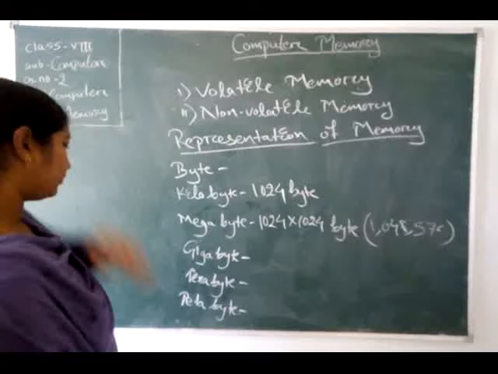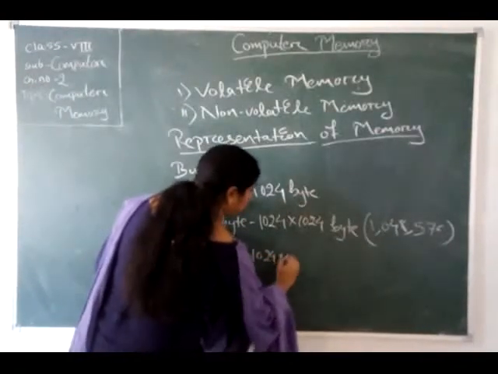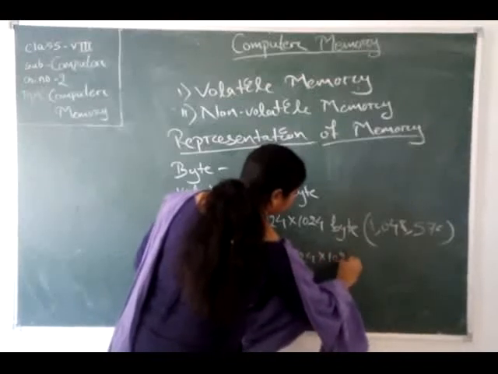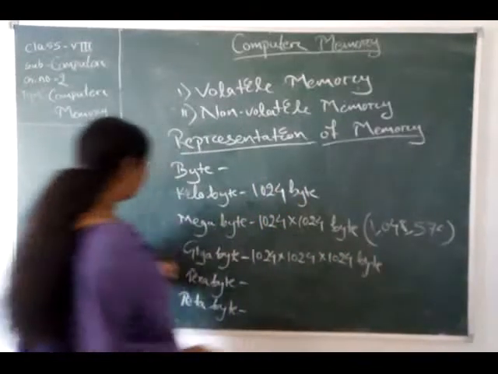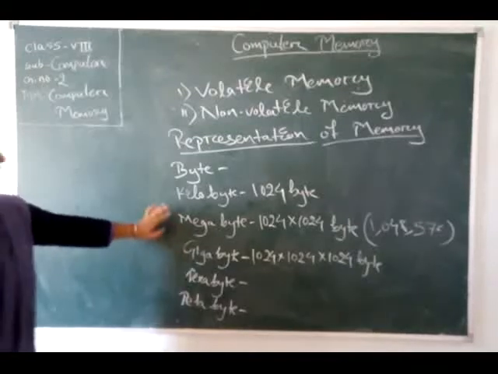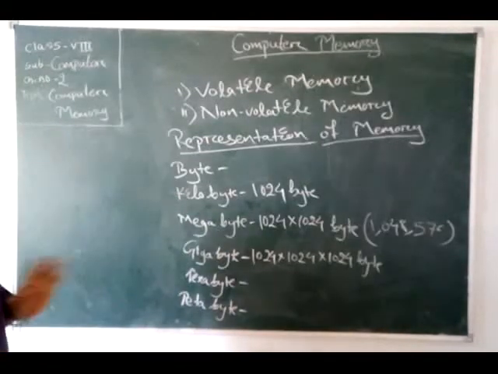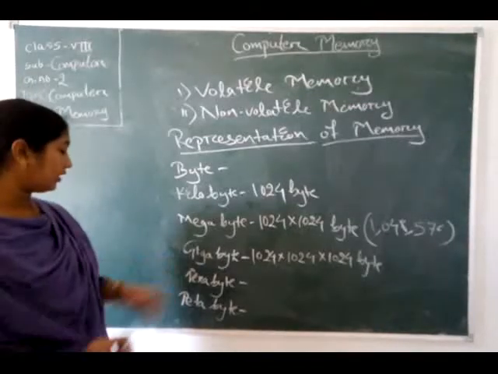So one gigabyte is 3 kilobytes, meaning we have to multiply 1024 three times. That result is 1 gigabyte.